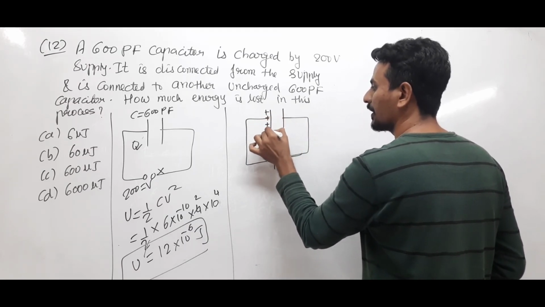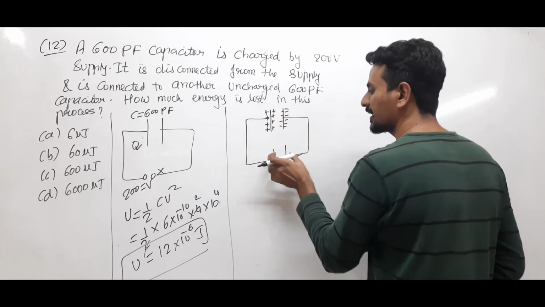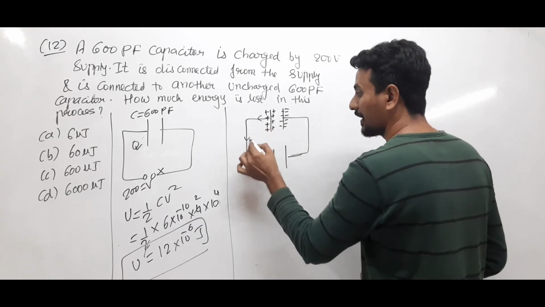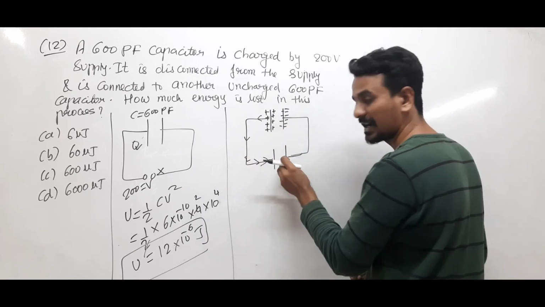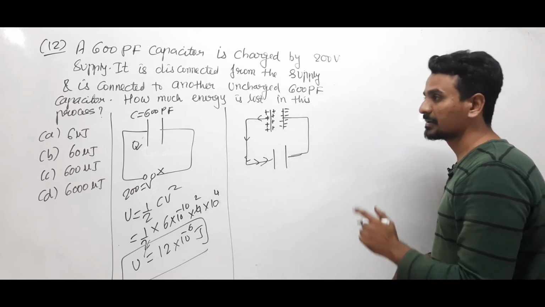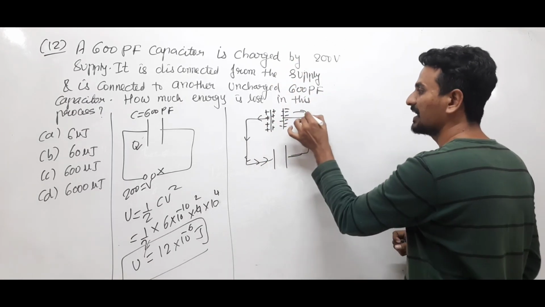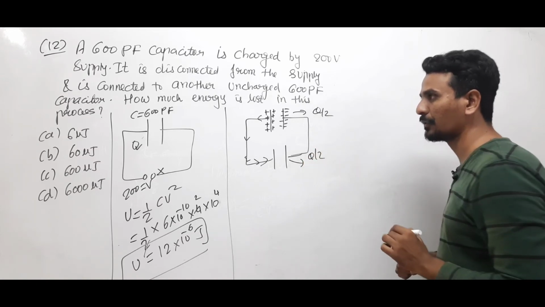This capacitor was already charged and you are placing another capacitor with the same capacitance. So charge will be divided. This will be at higher voltage, so it will supply charge to the uncharged capacitor. Since the capacitance of both capacitors is the same, charge will be equally divided. So now this will have the charge Q by 2, and this will also have the charge Q by 2, right?